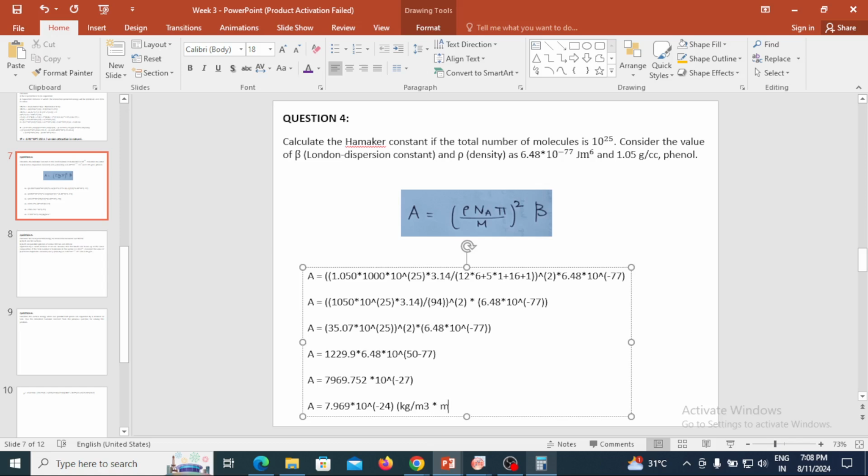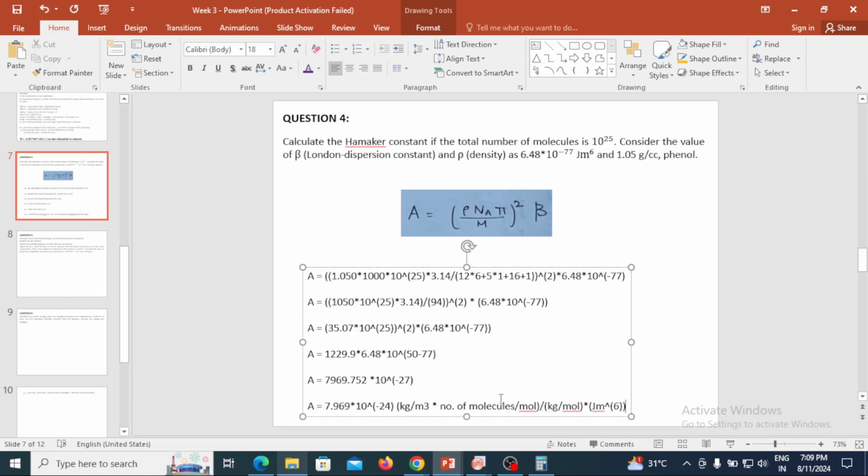number of molecules per mole, that entirely divided by molecular weight, so that can be written as kg per mole or kg per kilomole, but it's just the unit, so it's just the conversion factor times beta is j m power 6.